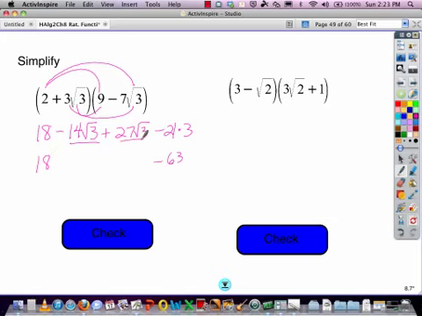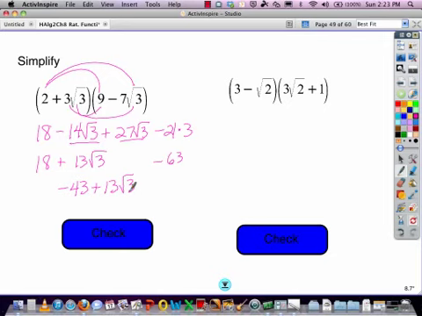We've got some like terms here. So negative 14 plus 27 looks like plus 13 radical 3. We still got our negative 63 down there. What do we got? 43. So we got a negative 43 plus 13 root 3.